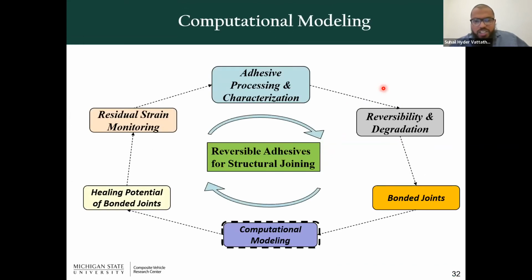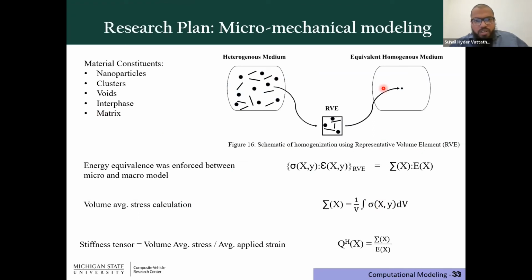And the next study was a computational model. I can only give you a very brief overview of all these techniques, because the time doesn't permit me to go into detail. In the computational model, as I said, we even took the material heterogeneities into account.